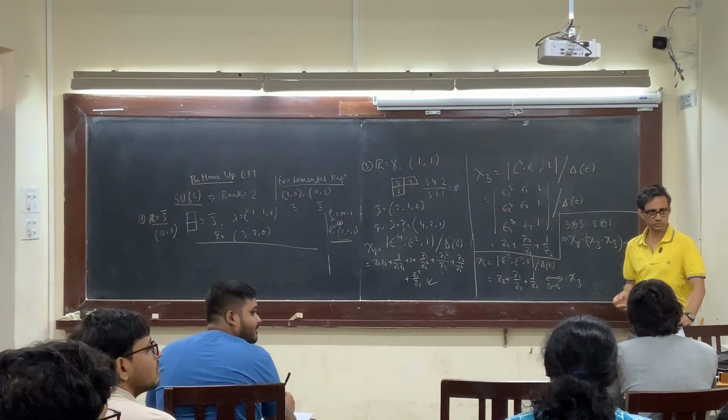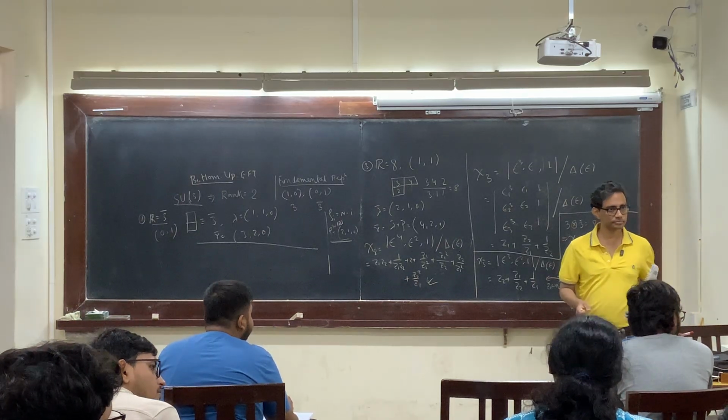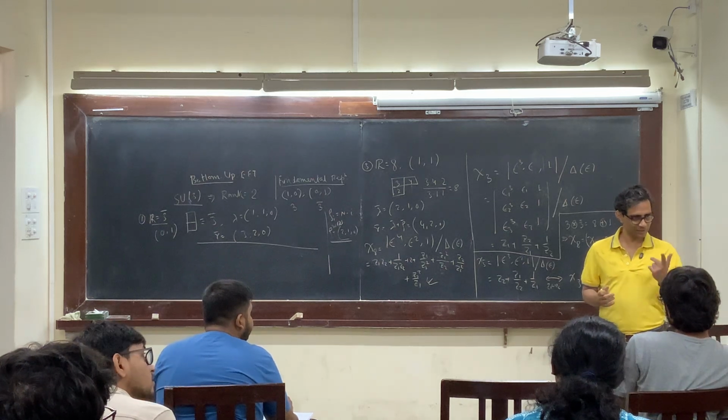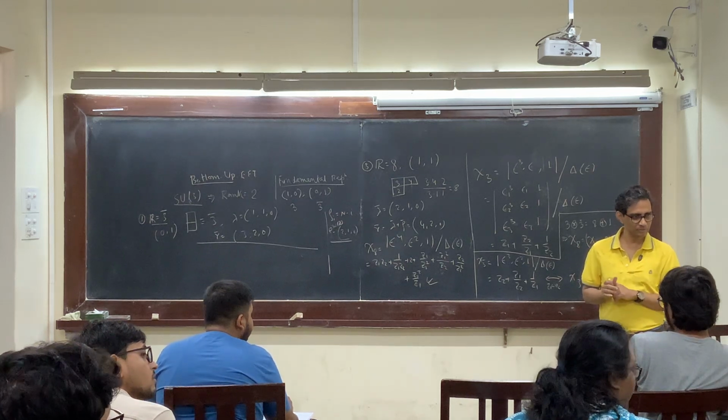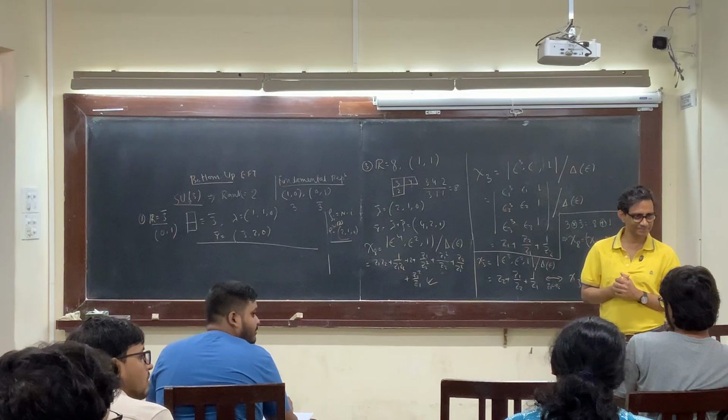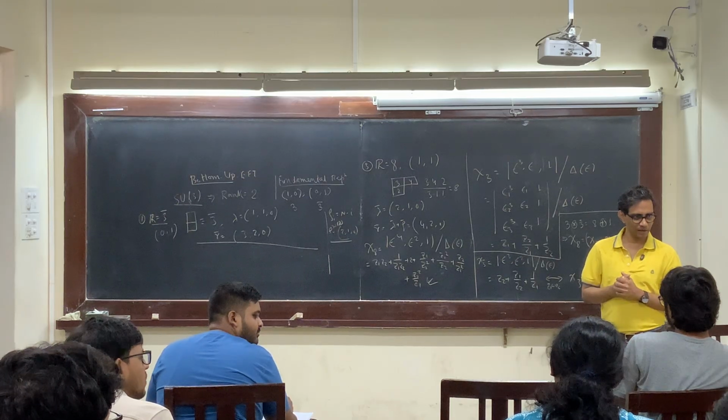Yes, sorry? Yes, please. You are right. It remains invariant, right? Why? Because it is I3 dot I3 star, so if we swap it, it becomes I3 star dot I3.